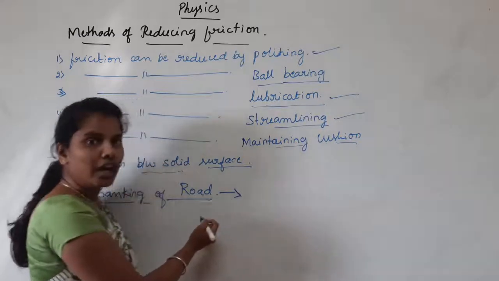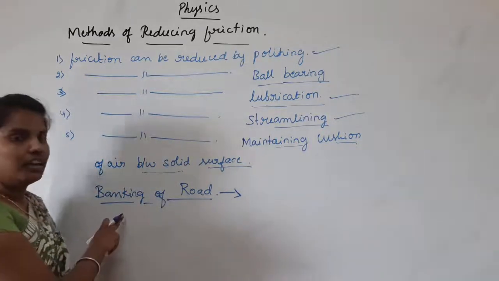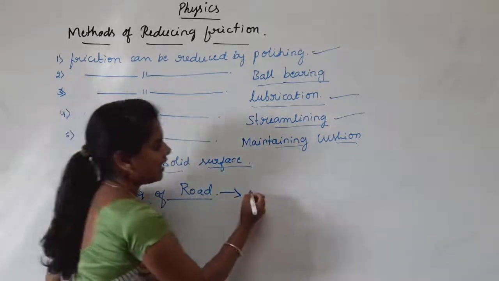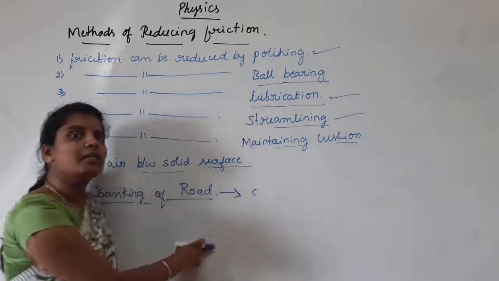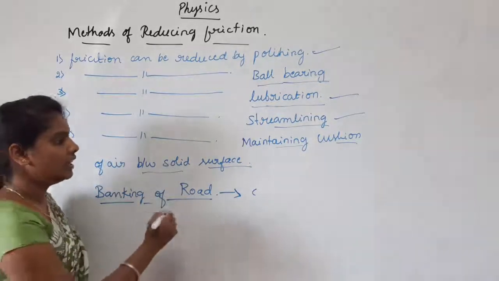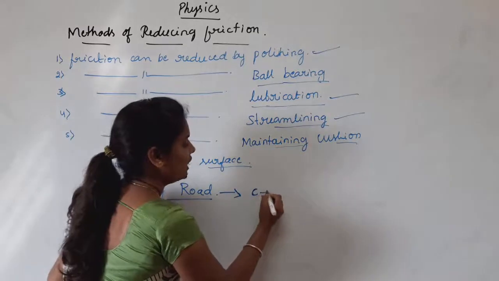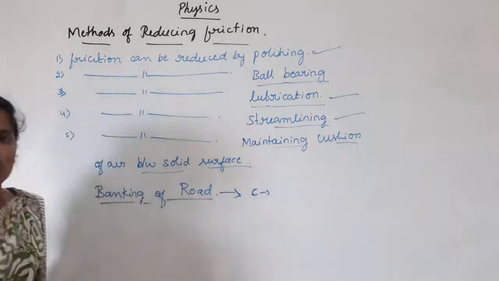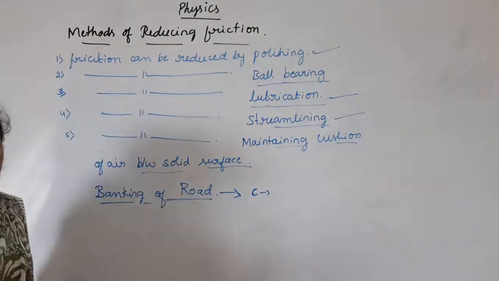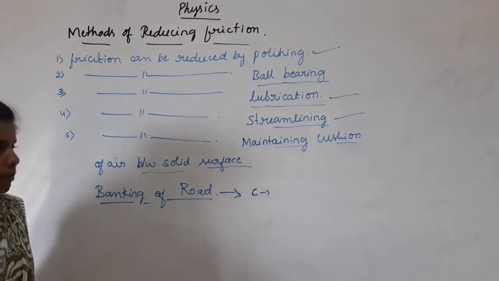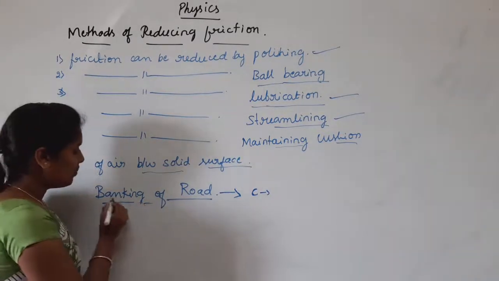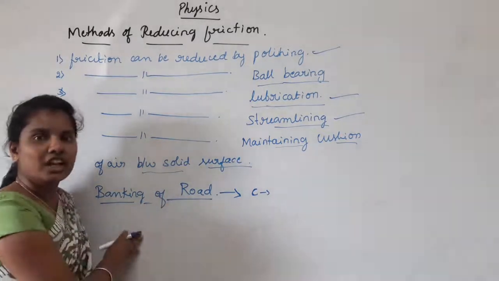A centrifugal force acts on the cycle towards the outside of the curved path. Then banking of the road is required.